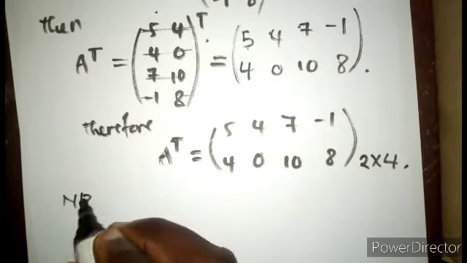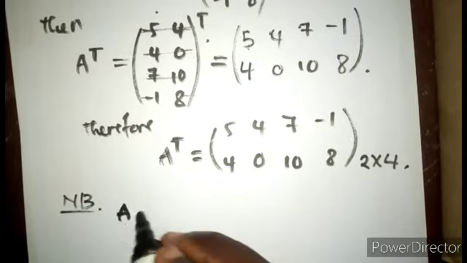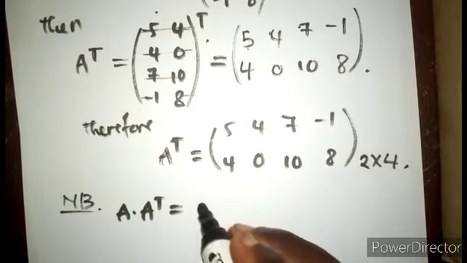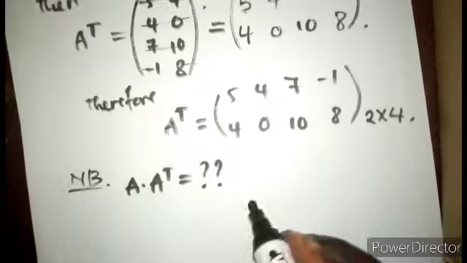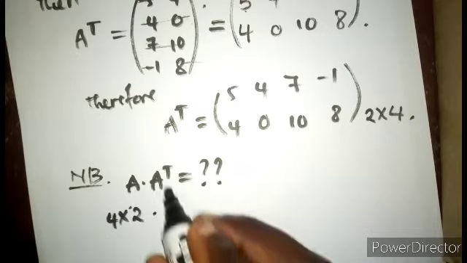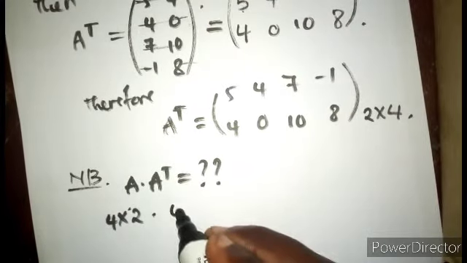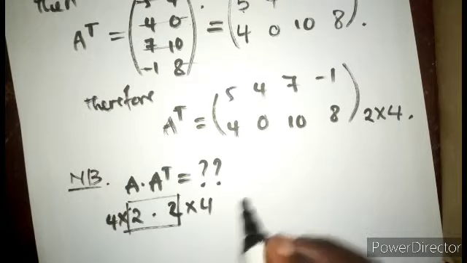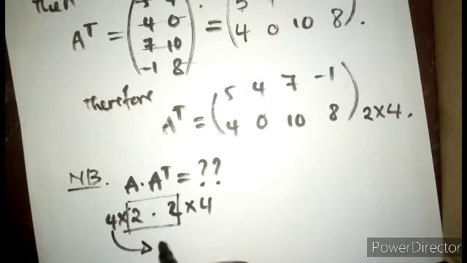Just for fun, A times its transpose is what? Does it exist? Let's find out. A is a 4 by 2 matrix, as we saw, and A transpose is a 2 by 4 matrix. Of course, we have a 4 by 4 matrix.